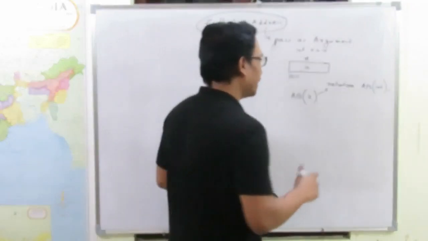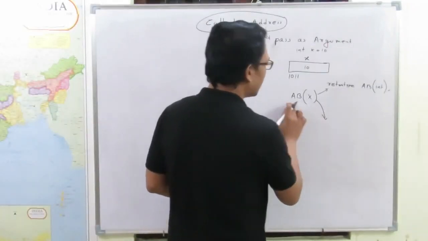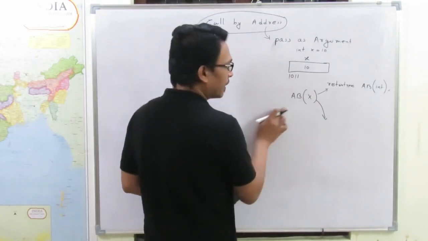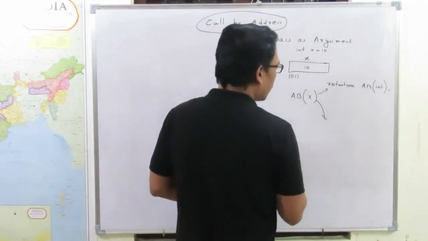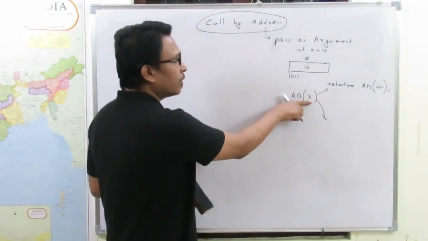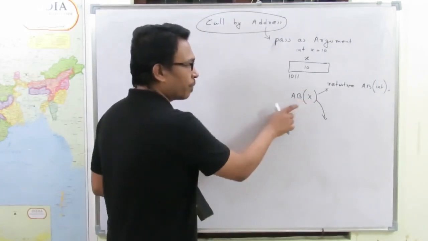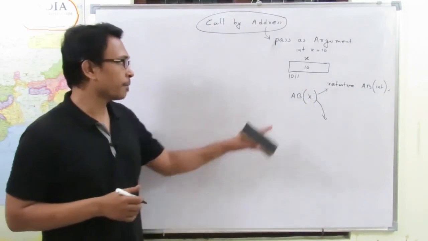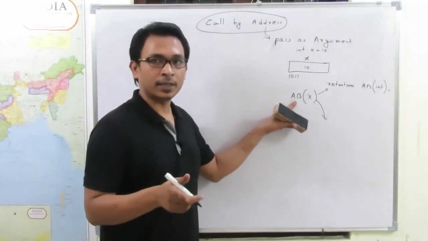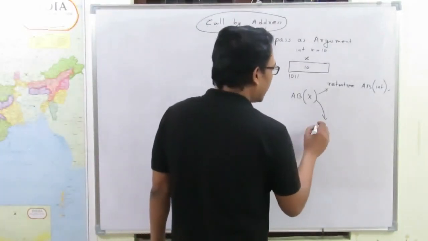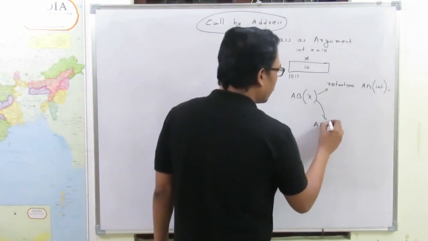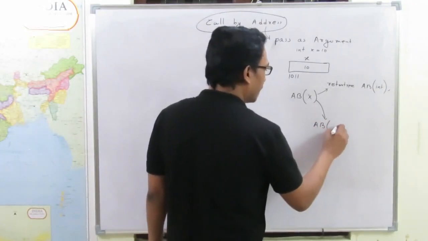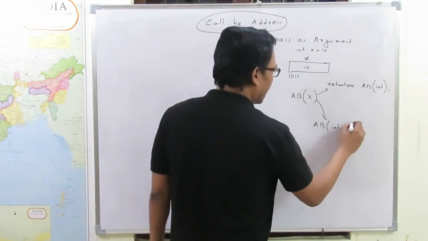Now what will be the function definition? In the function definition, that means when we define this particular function, at that time we have to receive the value that we are going to pass with the ab function. Clear? That means at the definition part of ab, we need to declare an integer variable, let's say a.